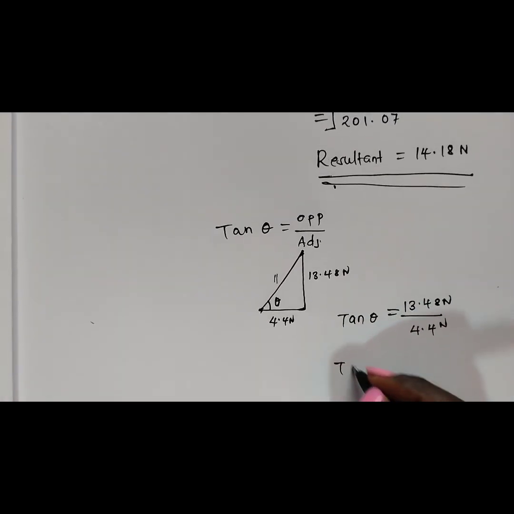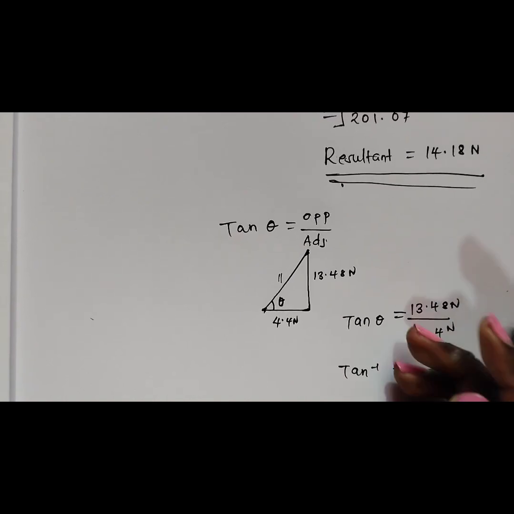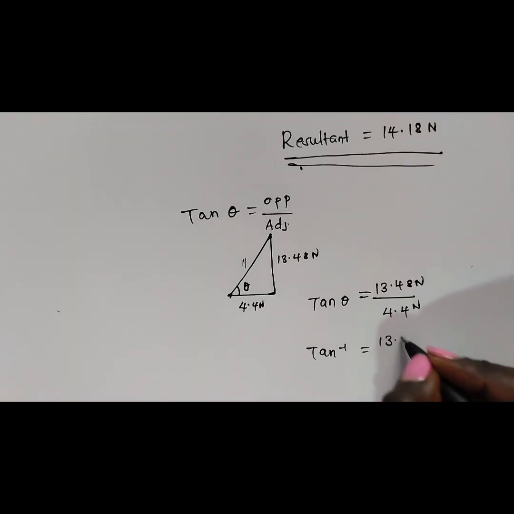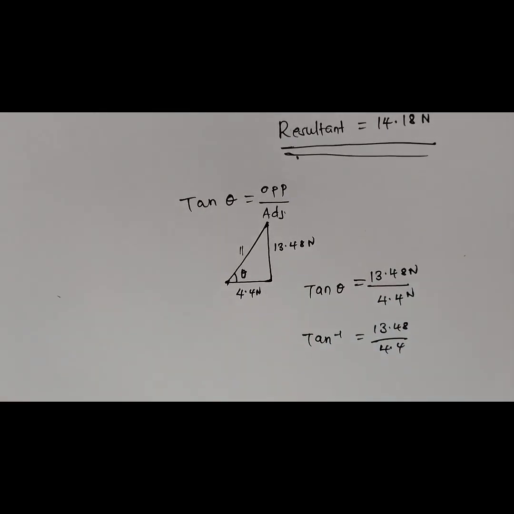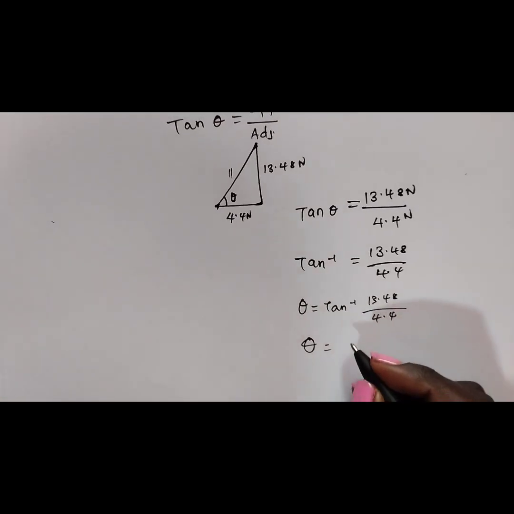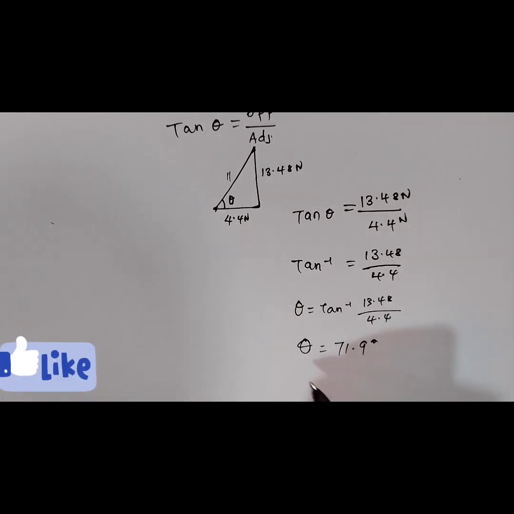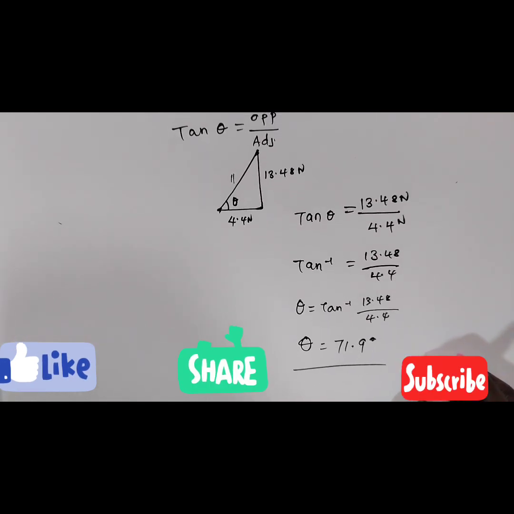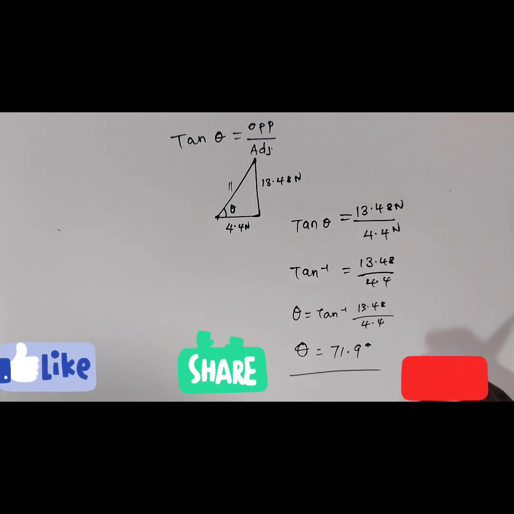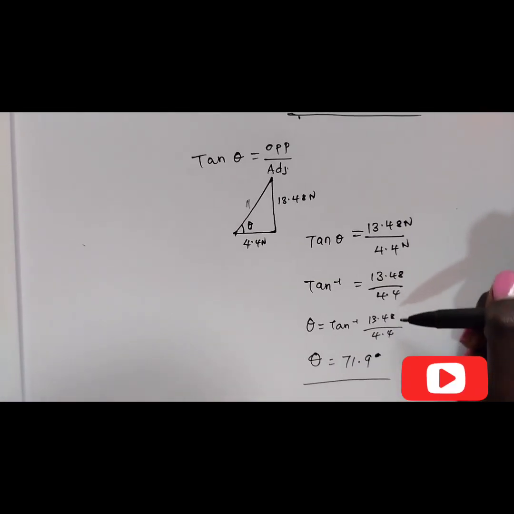So theta is the tan inverse of that, which is simply 71.9 degrees. This is the direction of your resultant force. Make sure you are indicating degrees.